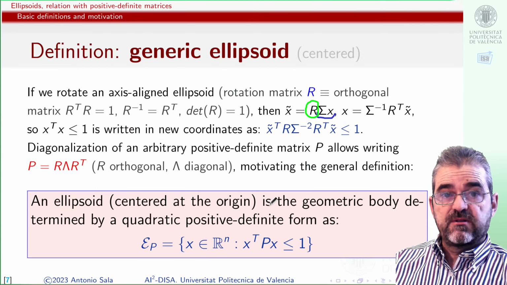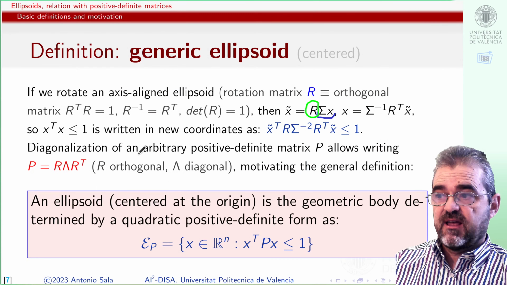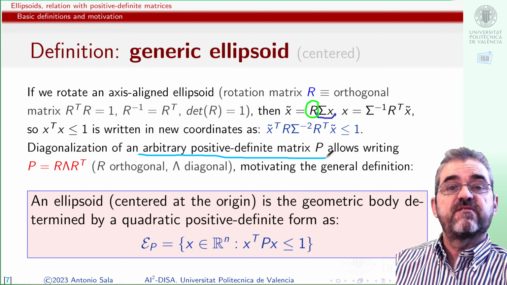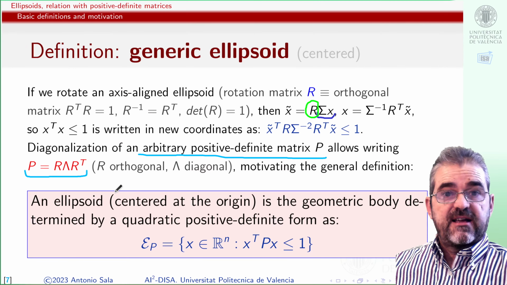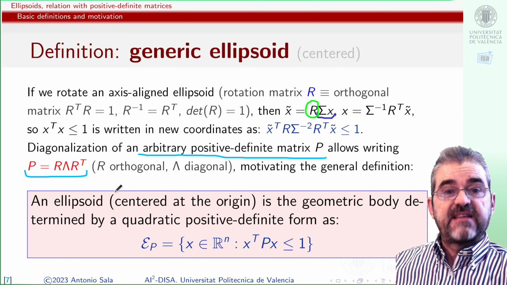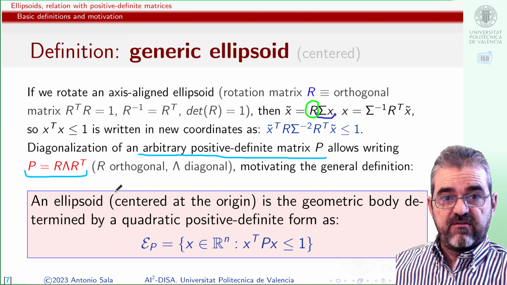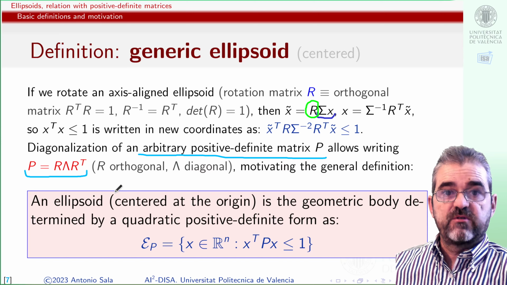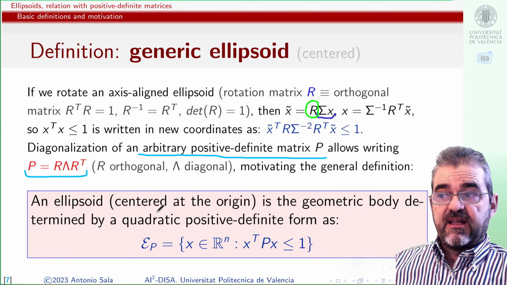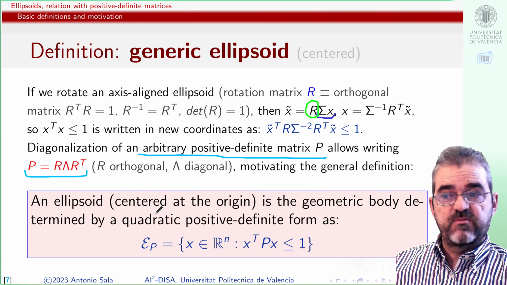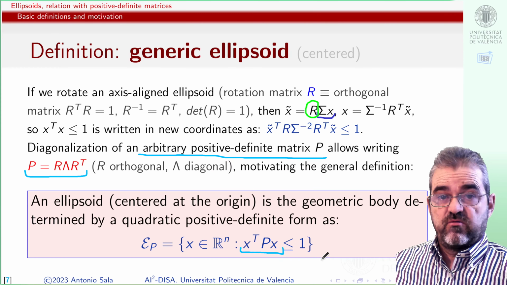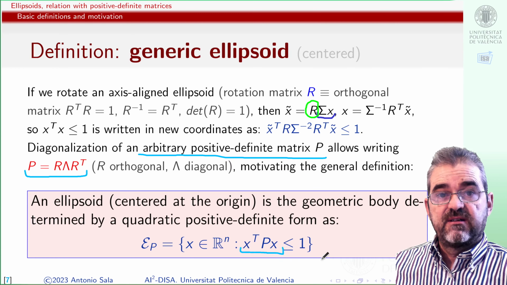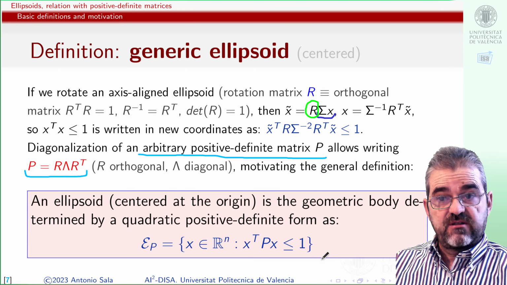But it's an important linear algebra result that any arbitrary symmetric positive definite matrix P can be expressed as a rotation, a diagonal transformation, and the inverse of the rotation, which is its transpose. So any positive definite matrix P defines this quadratic form whose level sets, the unity level set in particular, is a generic ellipsoid, due to the reasons we have just outlined.